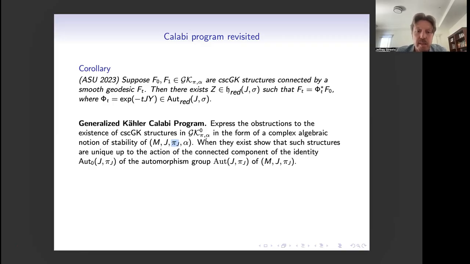And when they exist, show that they are unique up to the action of the connected component of the identity of this group of Poisson automorphisms. So this is maybe what we're trying to do.